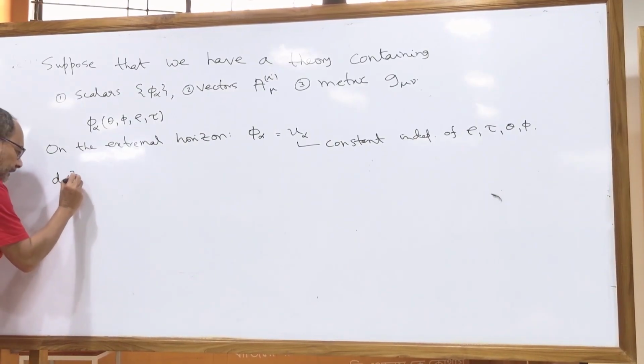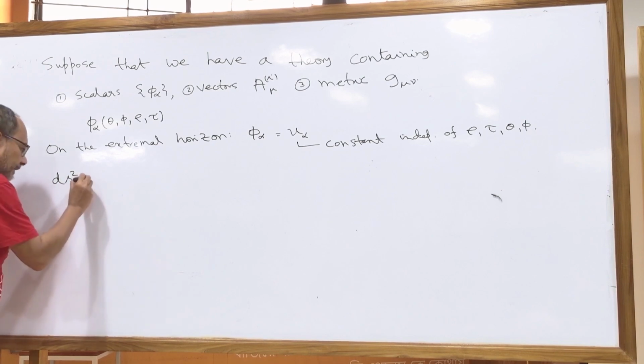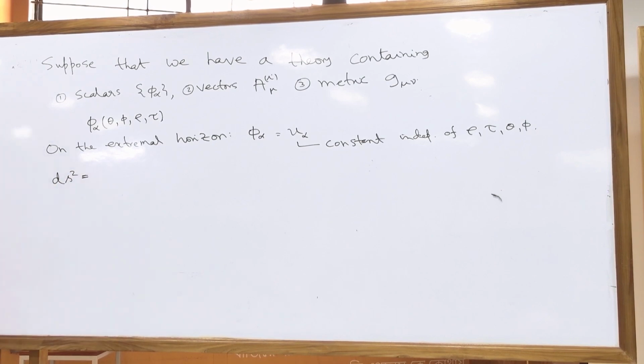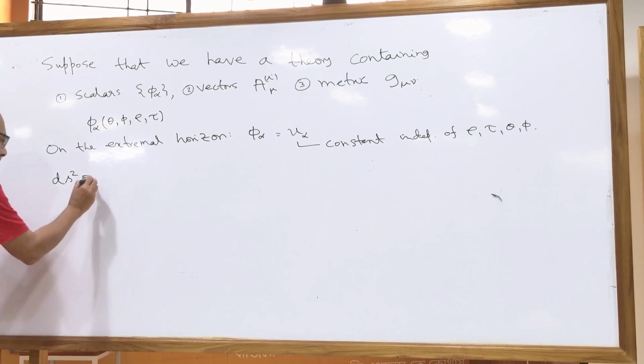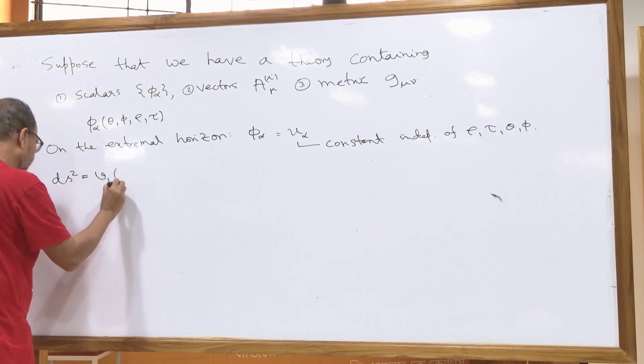Metric similarly, its structure will be fixed. It has to maintain the isometries of AdS2 times S2, so it has to have this form, except that we can allow a slightly more general form.